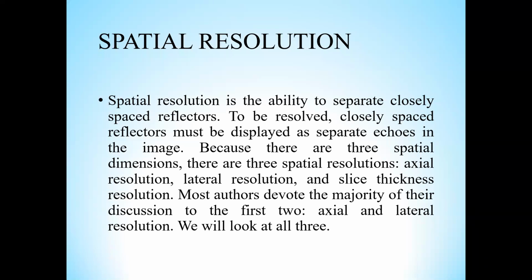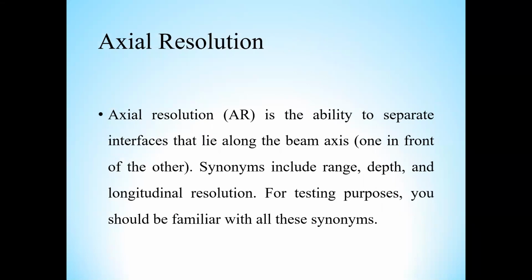There are further types of spatial resolution, for example, axial resolution, lateral resolution, and slice thickness resolution. By axial resolution, you mean the separation of two closely placed structures, one behind the other, along the beam axis.